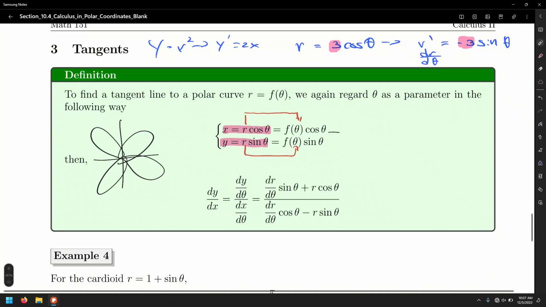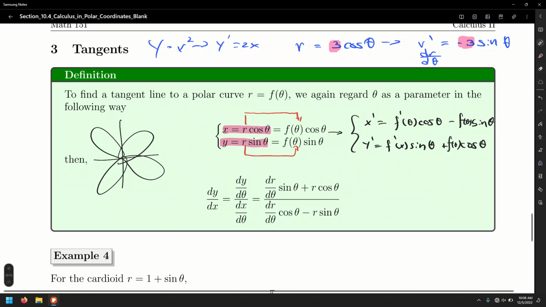So I'm going to take x prime, that's f prime times g, which is cosine, plus g prime, which is negative sine, times f. And for the y equation, y prime equals f prime times g, which is sine, plus g prime, which is cosine, times f of theta.